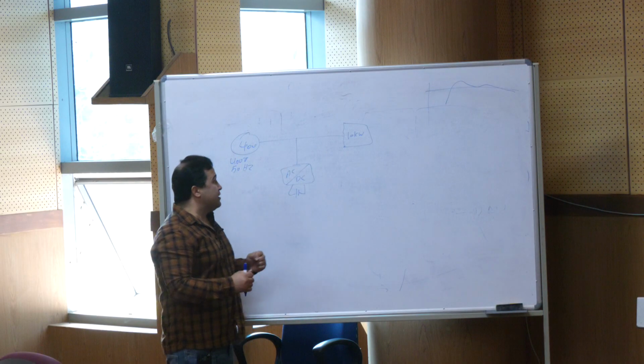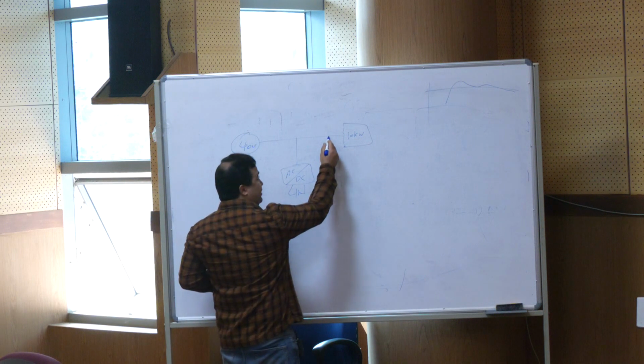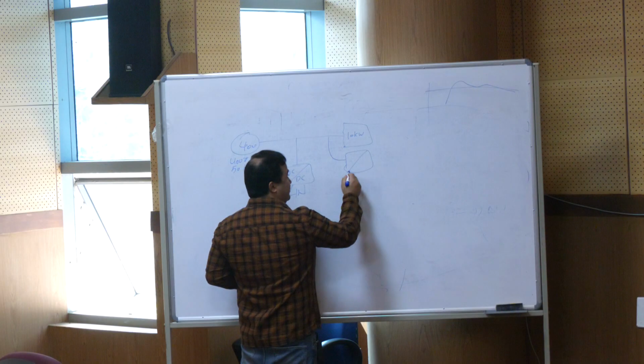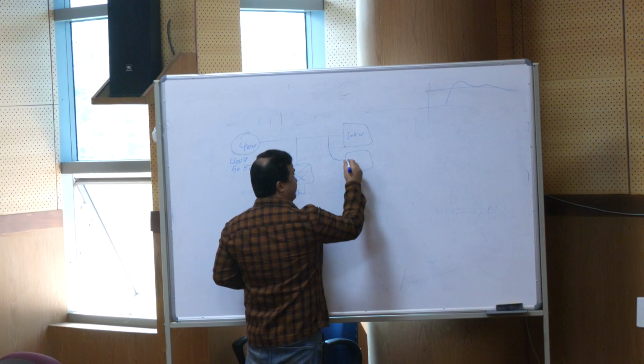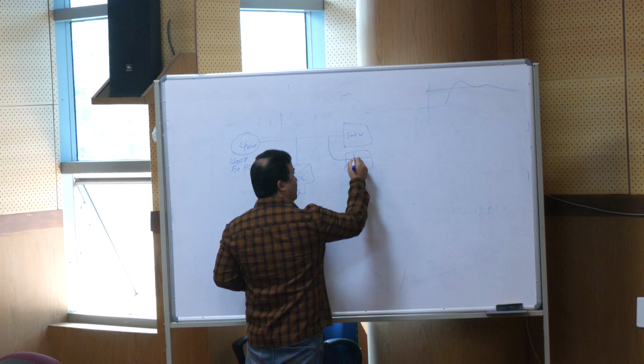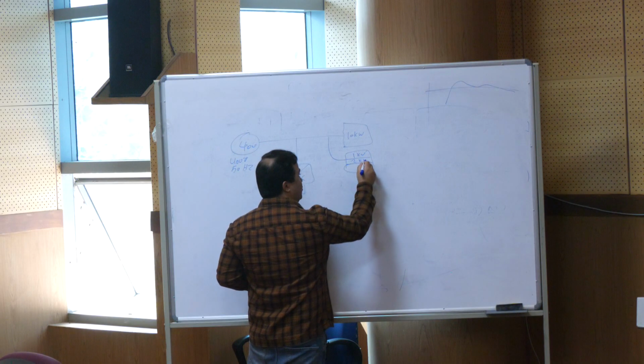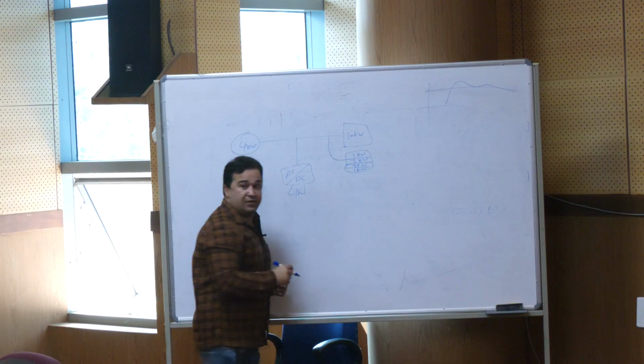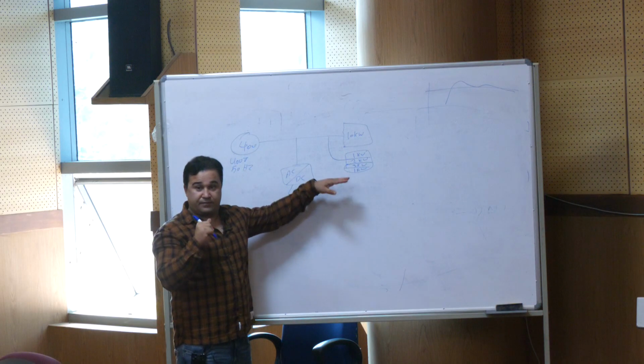Then the load increased. At the first stage, it increased 1 kilowatt, again 2 kilowatts more, and again 3 kilowatts more, and 1 kilowatt again. So the load is increasing.